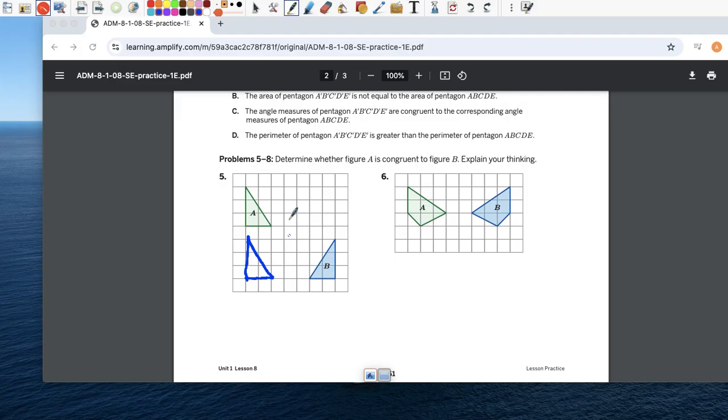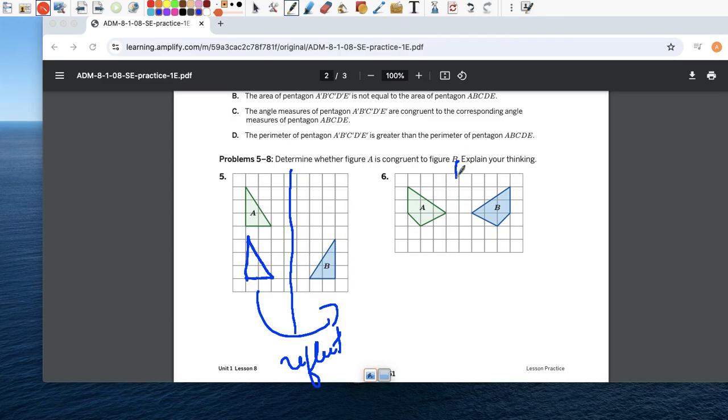The mirror, the line of reflection, will be right here, and if you reflect over the line, you would get the other triangle. So, are A and B congruent? Yes, it is.